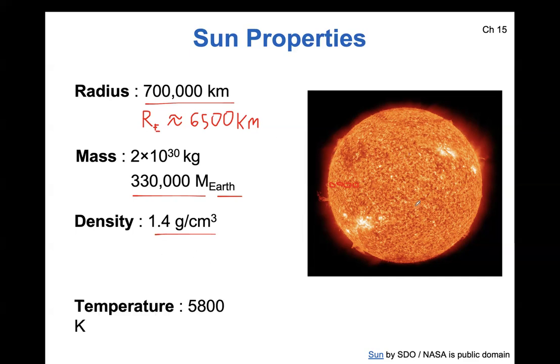All right, so it's got a lot of relatively low density gas. The temperature, and when we talk about temperature, we're talking about the surface temperature, is 5,800 Kelvin. Okay, and the surface temperature might be confusing because, wait, does it have a surface? No, not really. But it does have something called the photosphere.